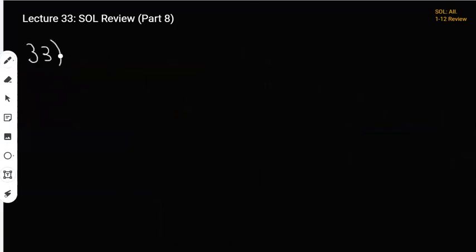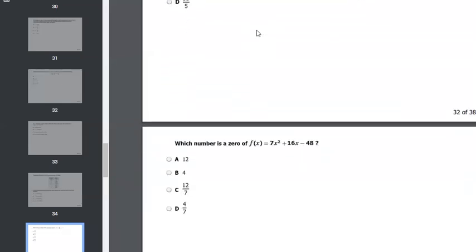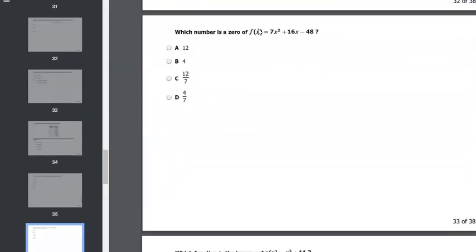Okay, let's try 33. This one says, which number is a 0 of f of x?